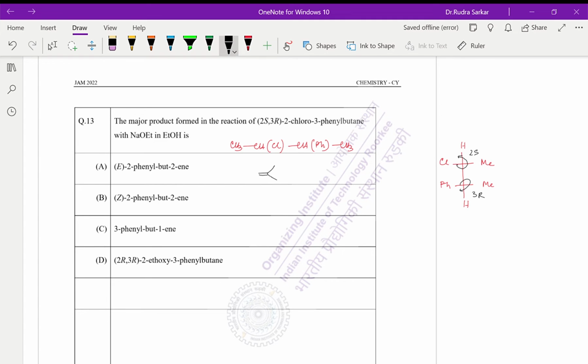They are saying E, which means you have both the methyl groups on the opposite side. I think that is what it is. When they say Z, obviously the two methyls will be on the same side.